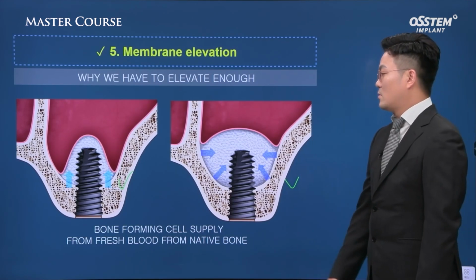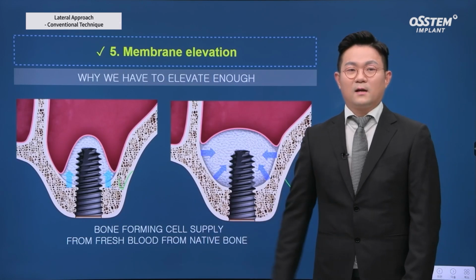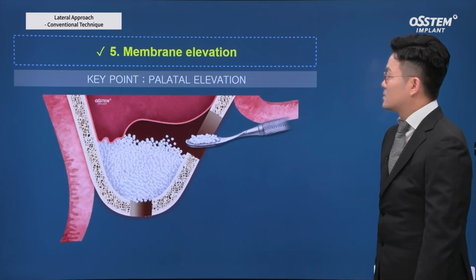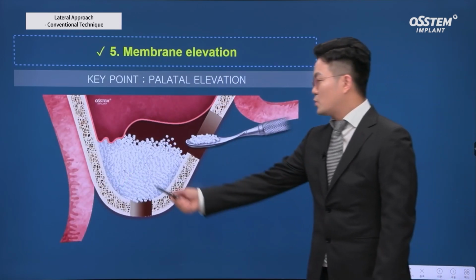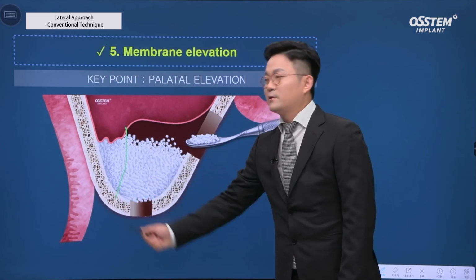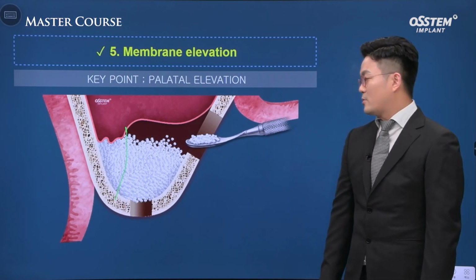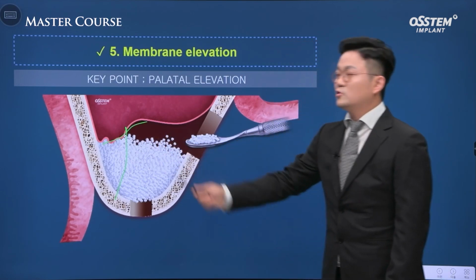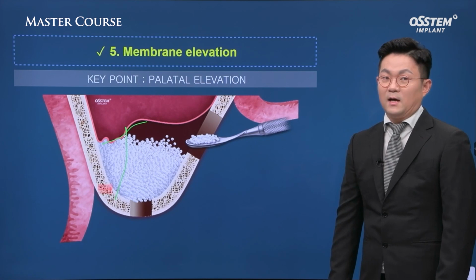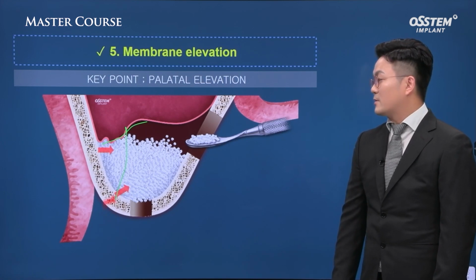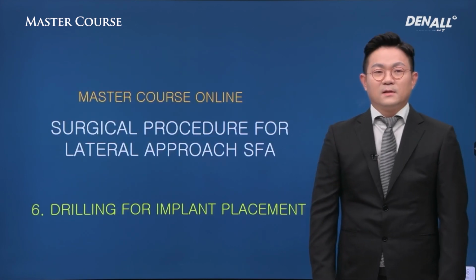Hence, it's more favorable conditions for bone formation. And again, there is always too little elevation on the palatal side. It really happens for me also, frankly. But rather than that, a consistent elevation level throughout is important and better.